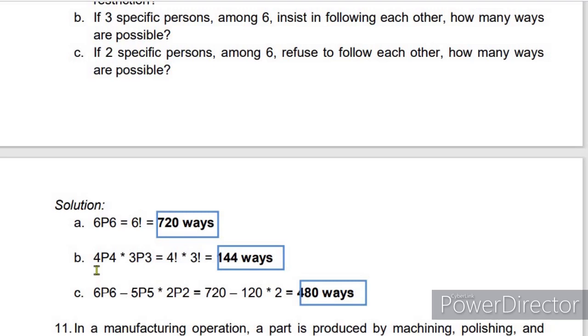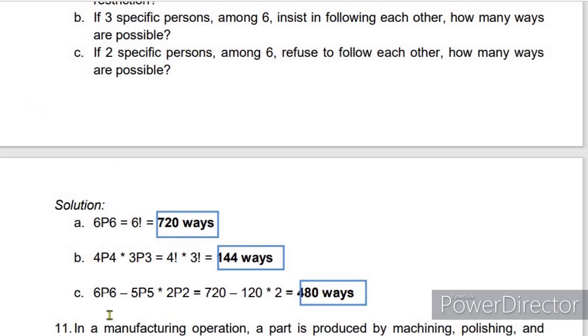So you get 5 permutation 5. Do you get it? Then we will multiply the difference of 6 permutation 6 and 5 permutation 5 with the permutation of the two specific persons who refuse to follow each other. So we get 720 minus the product of 120 and 2, which is 480 ways. Do you get it?